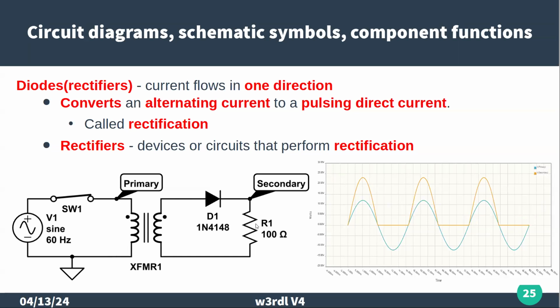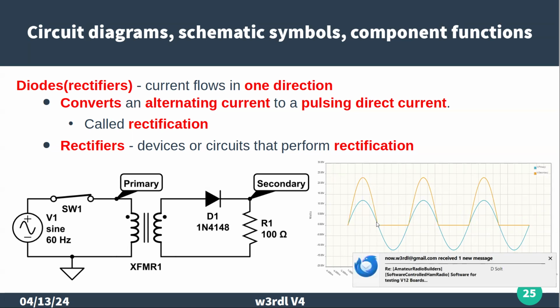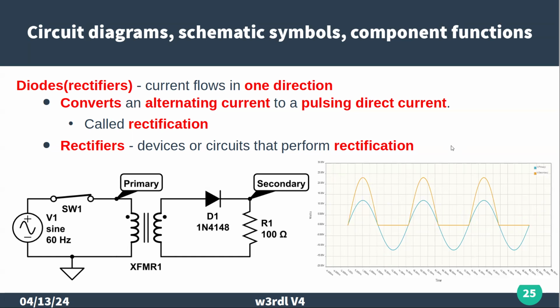So across this resistor, we're going to see this waveform where the blue is the input sine wave and also what's coming out of the transformer. And the yellow or gold is what we're going to see across the resistor. So you're only seeing the positive half of that AC cycle. And because it never crosses zero or changes direction, it's called pulsing DC or varying DC.